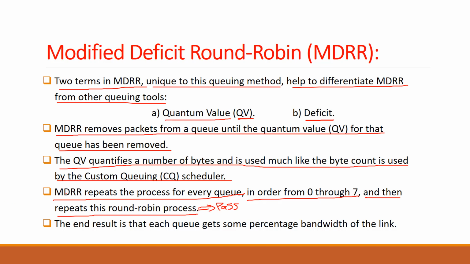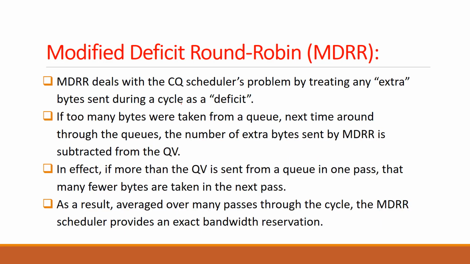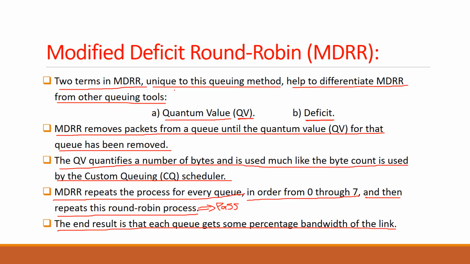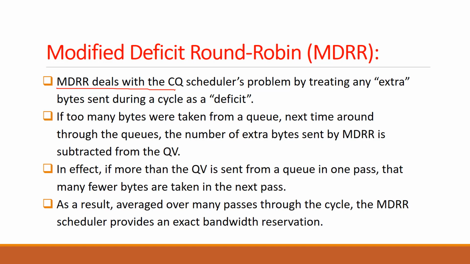So when MDRR repeats the process of every queue from 0 to 7 and then repeats this round robin process, the end result is that each queue gets some percentage bandwidth of the link. So MDRR deals with the custom queuing scheduler, because you can change its configuration by treating any extra bytes sent during a cycle as a deficit.